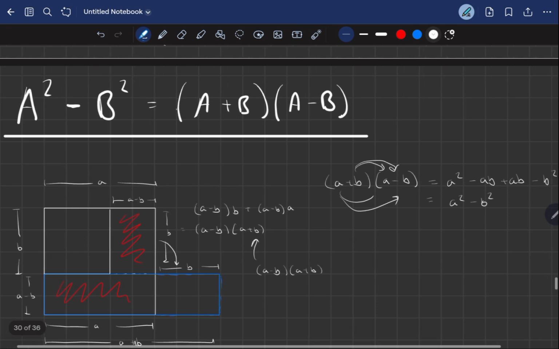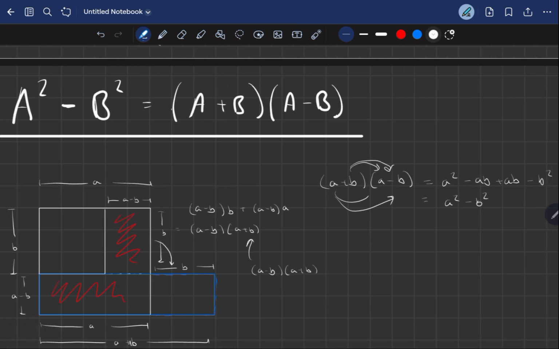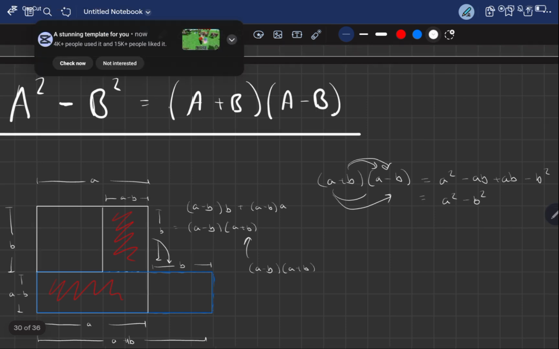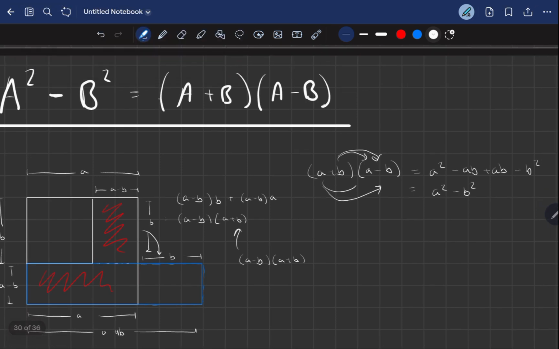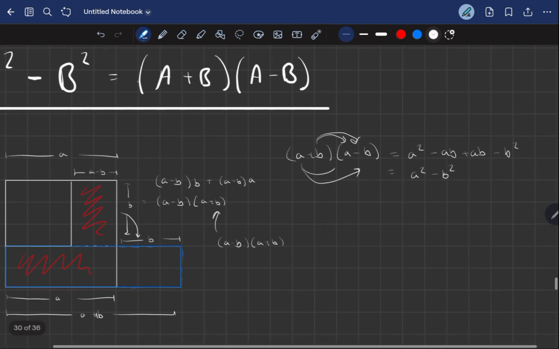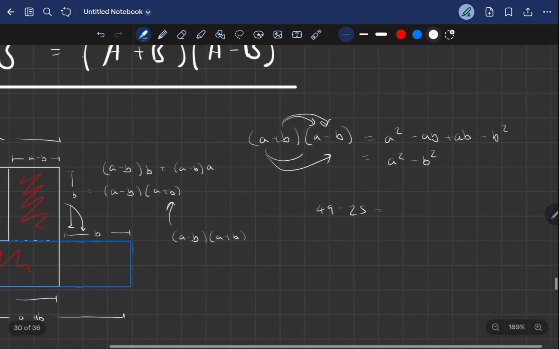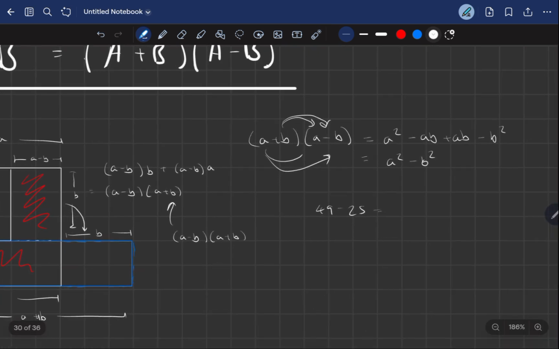Okay. Now let's see how this concept can be useful. And it is very good for speedy subtraction. For example, if I'm trying to work out 49 minus 25. Okay, this is a bad example because you can easily work out what this is in our heads, which is 24.